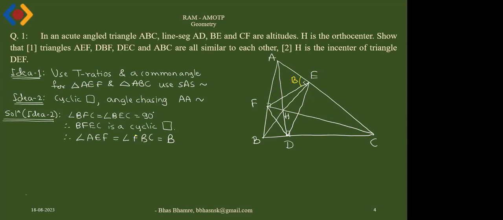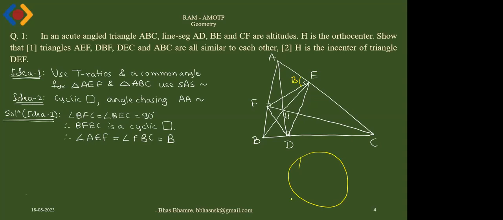So many hands were raised. Now I think it is right. It shows that you are paying attention. So that angle is B. Sir, how is AEF equal to FBC? Okay. Suppose we have a cyclic quadrilateral.